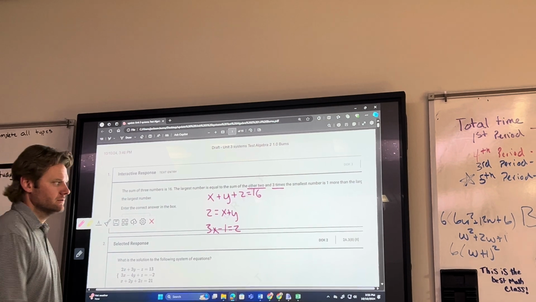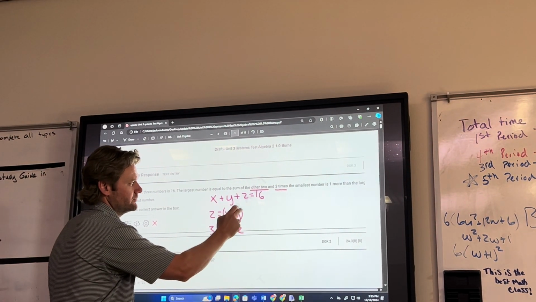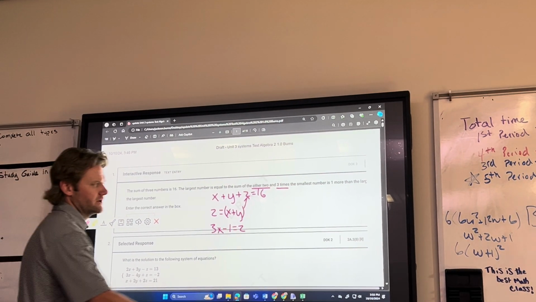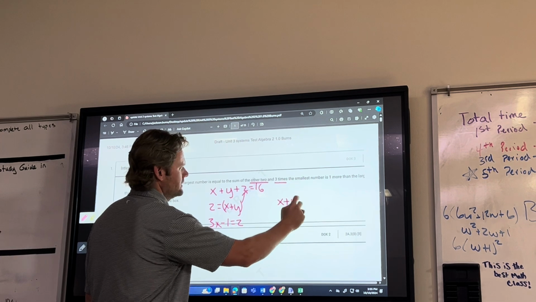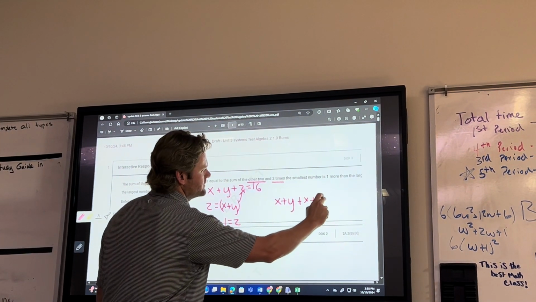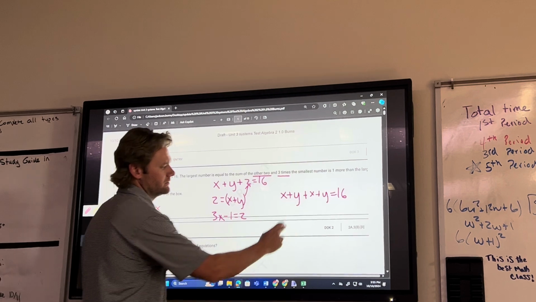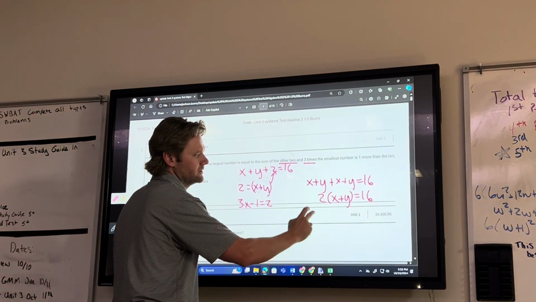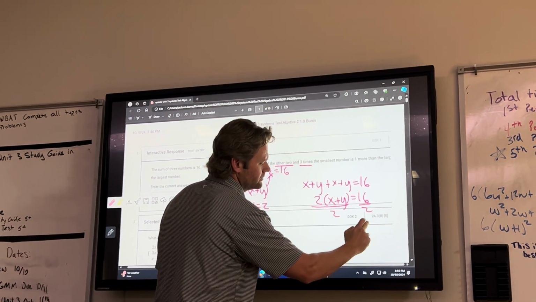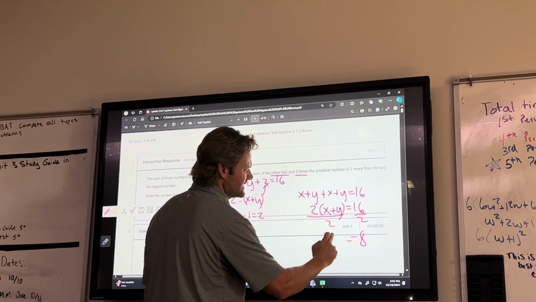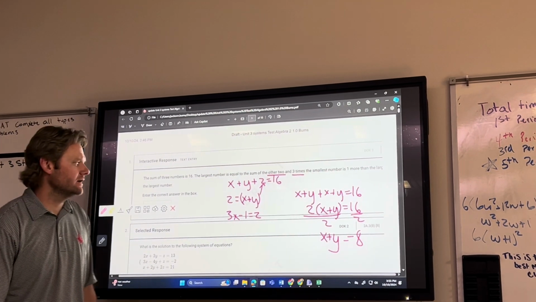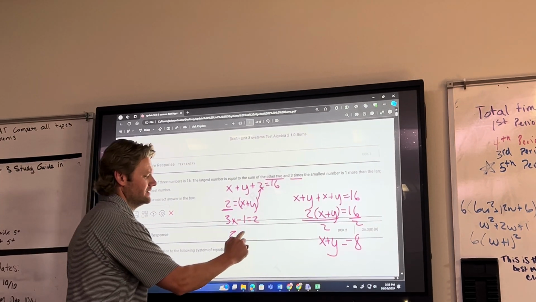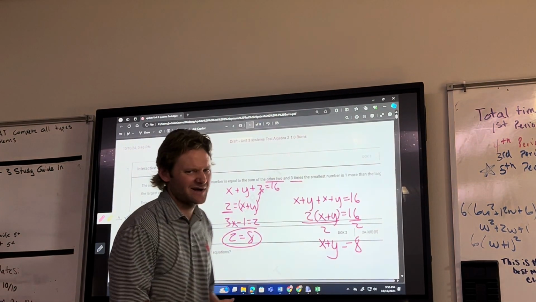So really, if I look at this, I can sub in right here for my z. So I get x plus y plus x plus y equals 16. Well, I could rewrite that as 2 times x plus y equals 16. So dividing by 2, I get 8 equals x plus y. And what do I know? My z, which is my largest number, equals x plus y. So I know my z is going to equal 8.